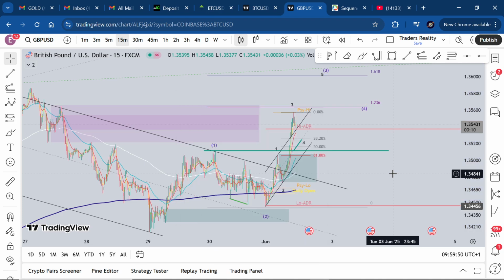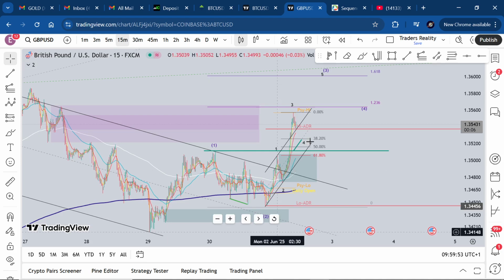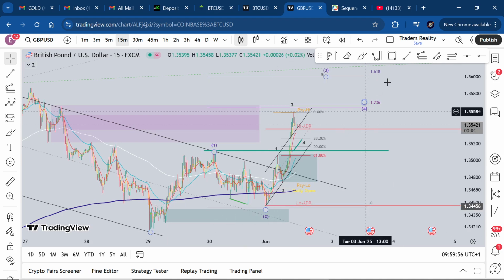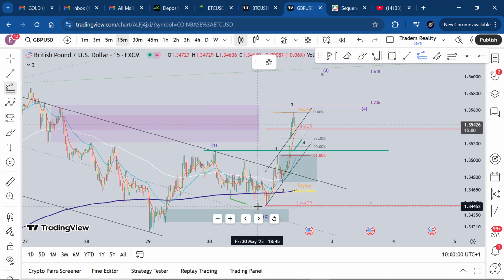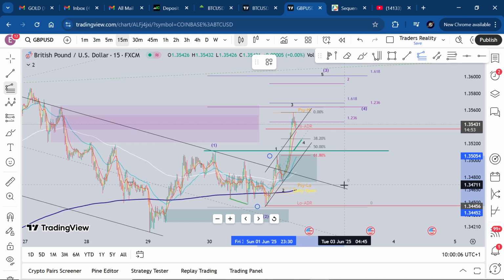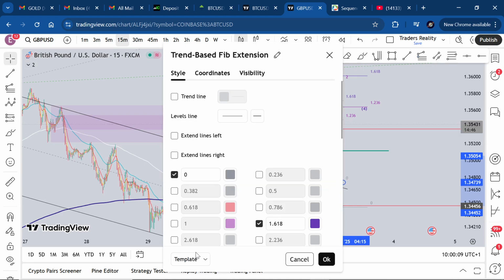There we go. We have a 1, 2. We'll get a fib on this local 1, 2. And the 3 target has not been hit yet on this smaller degree as anticipated.